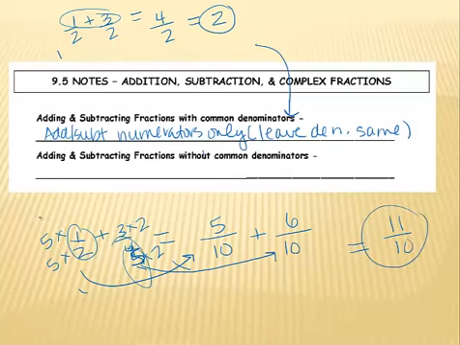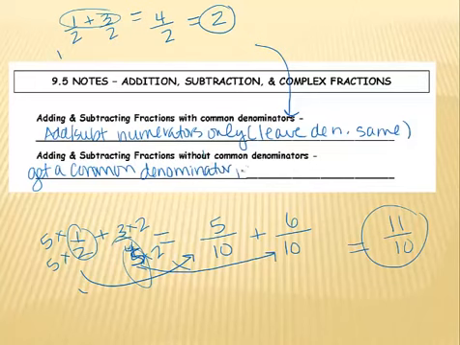So what we need to do when they do not have a common denominator is get a common denominator, and then change the numerators, and then add or subtract.